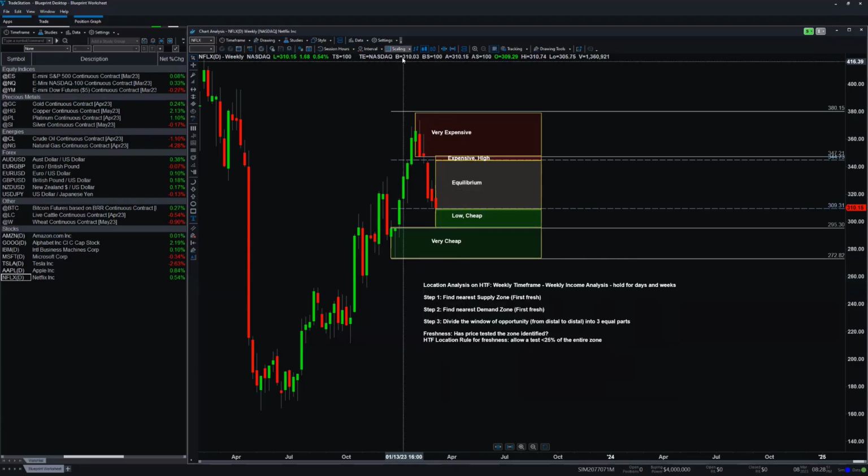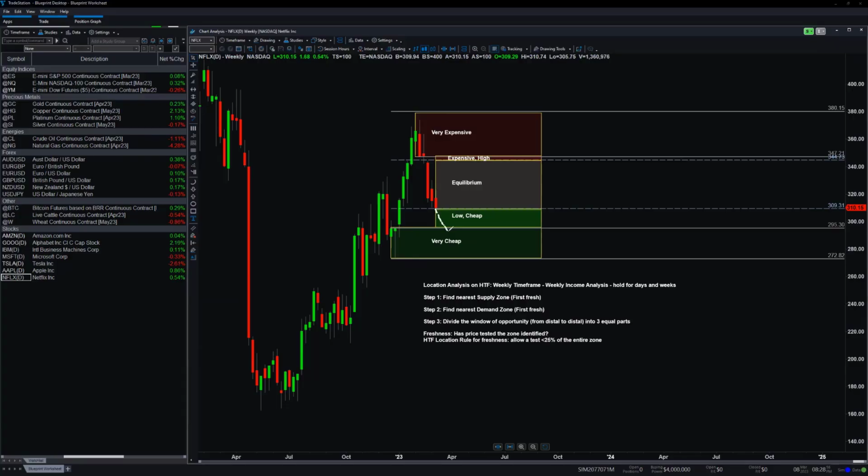But what we do know is that the lower price goes, where do we really expect price to turn from here, right? How much is the magnitude going to be, meaning how big is that rally going to be, and how long is that rally going to stretch for?